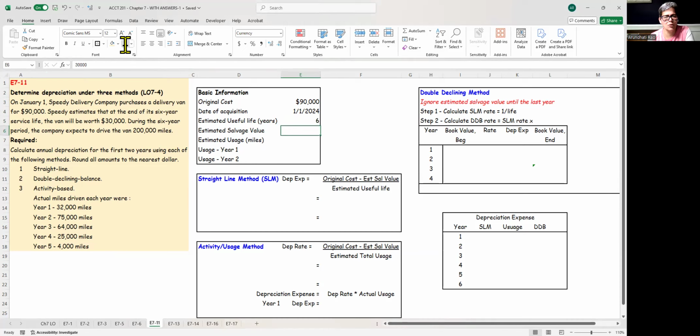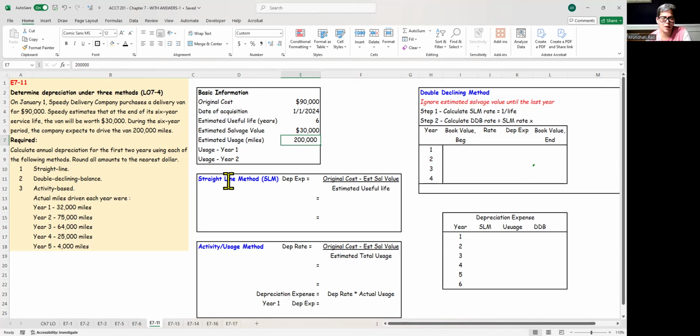Estimated salvage value, we think we can sell it for $30,000 at the end of 6 years. And we estimate we can drive this a total of 200,000 miles. We've been given the actual usage in these years. So I'm not going to write those down over here because I'll show you how I do my calculation over here. Let's start out with the straight line method.